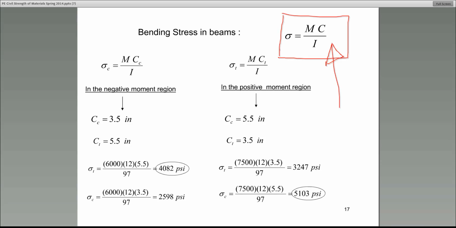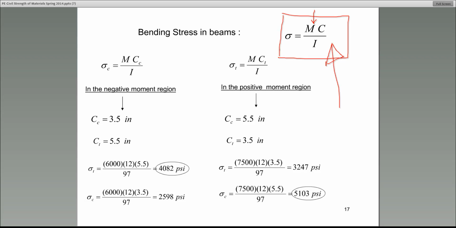Let's start from the denominator. I is the moment of inertia. So the denominator is the moment of inertia of the cross-section about its own centroidal axis. The numerator, M, is the moment, and we get that value from the moment diagram. If it is the bending stress at a specific point along the beam, you use the exact value at that specific point along the beam.